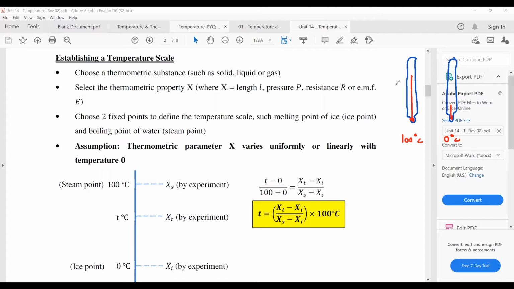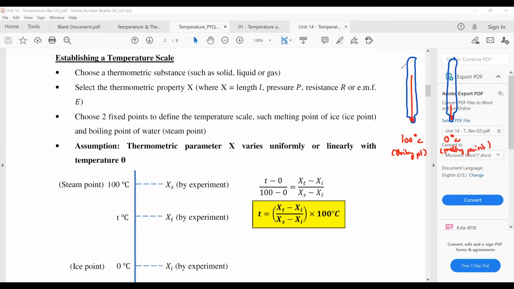So in your case here, if your liquid in glass thermometer does not have any markings, you could actually work out the markings on the thermometer itself by doing a simple experiment where you dip the thermometer inside two different temperatures. You dip it inside water at boiling point, and you dip it inside ice at melting point.